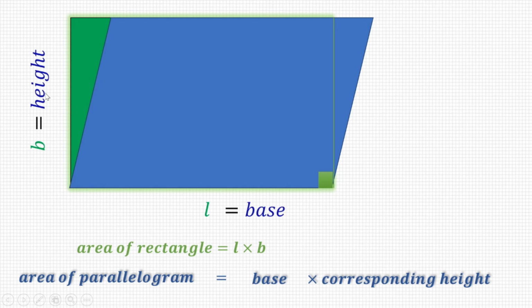I didn't use the word height only, I used corresponding height. So if I multiply this base with this height, then the area of parallelogram is base into corresponding height. Okay, let's understand what is this corresponding height.